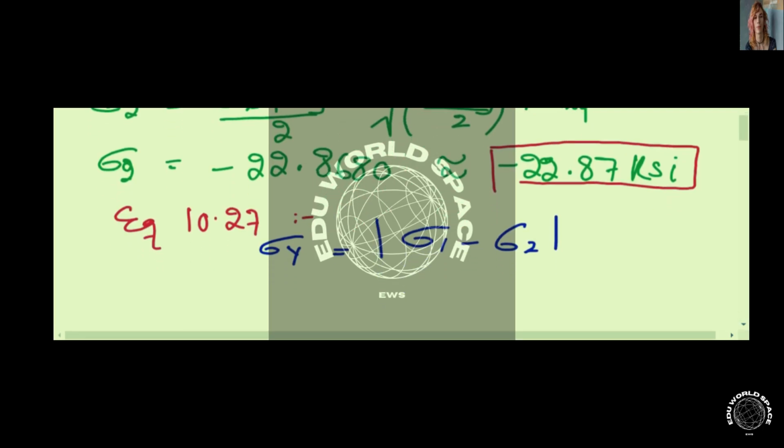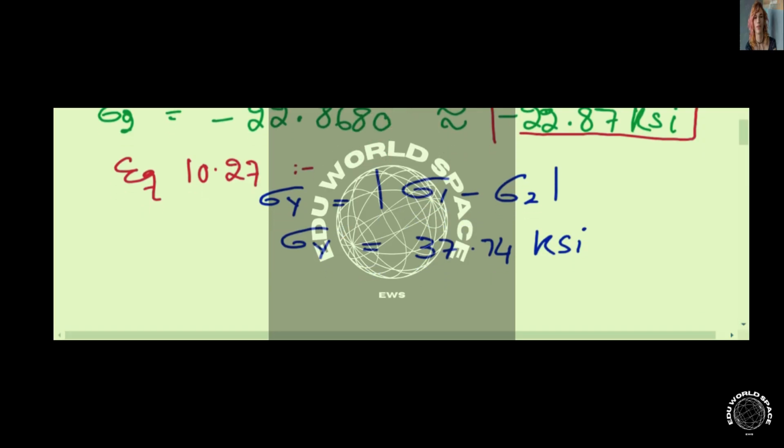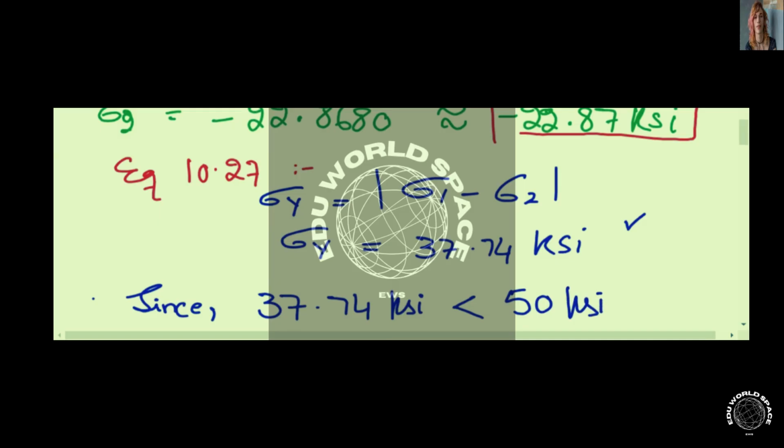Just plug in the values and we get sigma sub y equal to 37.74 ksi. This calculated value, 37.74 ksi, is less than the given value, 50 ksi.